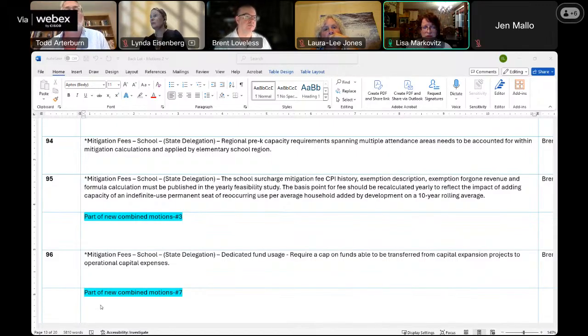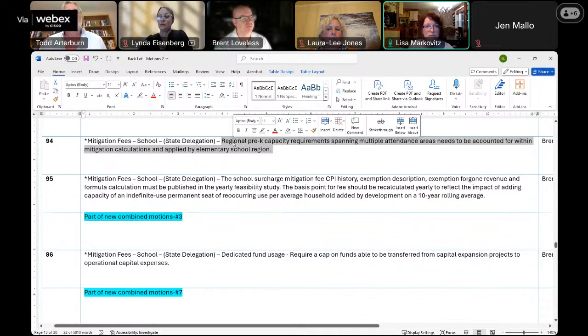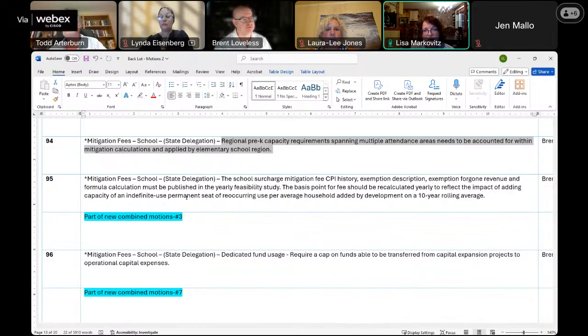I'm going to second it because I think it has to do with also including pre-K students in capacity. And that's something that we were discussing. It's something that Jeremy had also put forward, maybe he retracted it, I don't know. But several people have been interested throughout our meetings to discuss how do we get pre-K in the capacity chart.